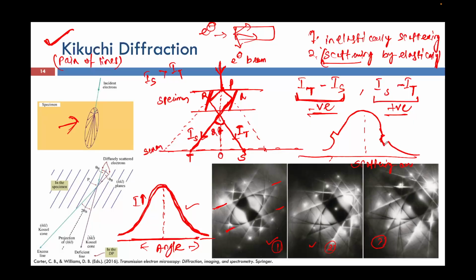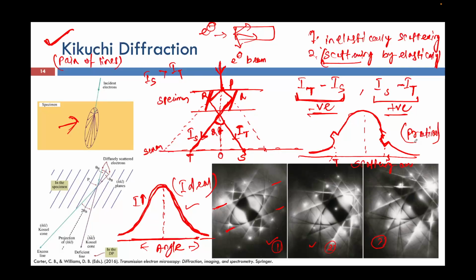It's more or less like this. It's a hump, so it is a well and this is a hump kind of structure, like a normal distribution. So the intensity curve, this is the point S, this is the point T. The intensity curve which was supposed to come like this is the ideal intensity curve, and here is the practical intensity curve.